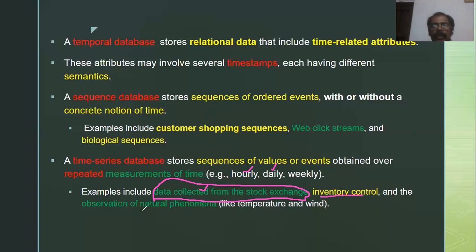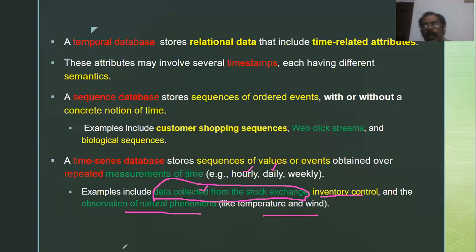A third example is observation of natural phenomena like temperature, hourly temperature or temperature after a duration of 10 minutes, wind. So in the time series database, data are stored during some period of time.